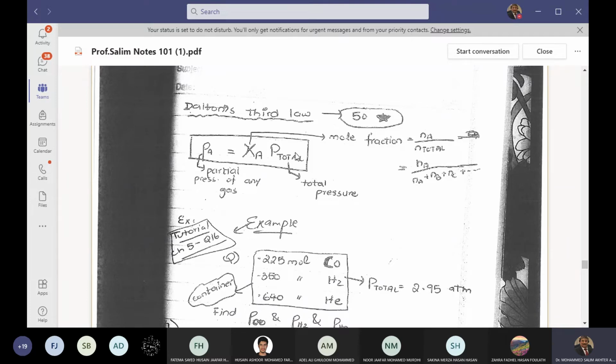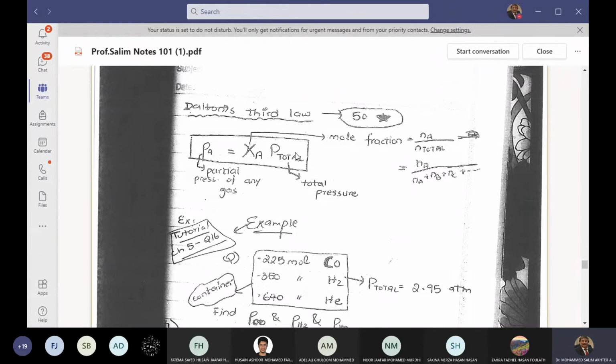Now for Dalton's third law, it is very important too. In order to understand the third law, I will go back to my first law. What was the first law I told you? That the total pressure of air in Bahrain today is 1 atm or 760 millimeter mercury.